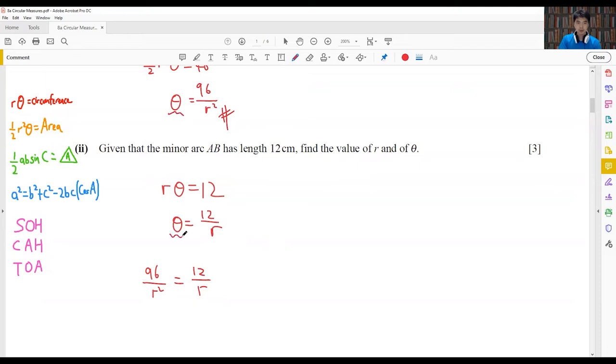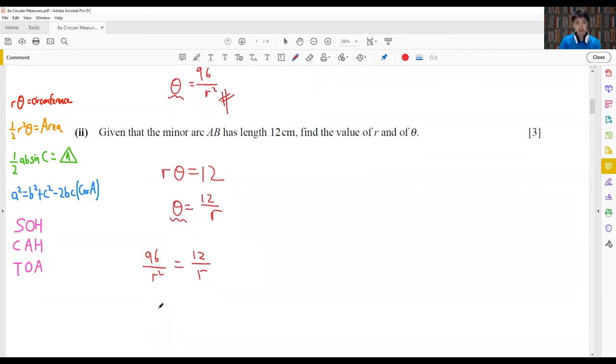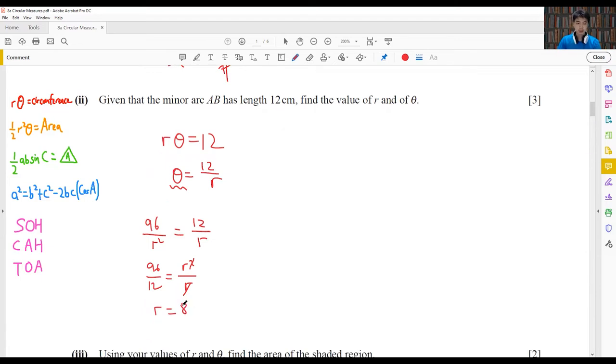Then once again, using algebra, you have 96 over 12 is equals to r squared over r. Then this will naturally cancel off. r, in this case, would equal 96 over 12, which is 8. Since r equals 8, to find theta, 8 theta is equals to 12. Theta is equals to 12 divided by 8, which is just 1.5. Okay, and from here we would have solved for r and theta.